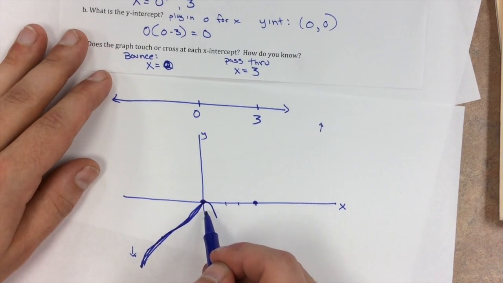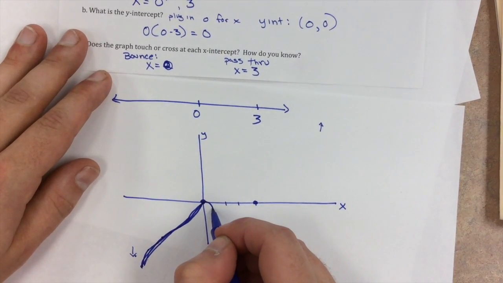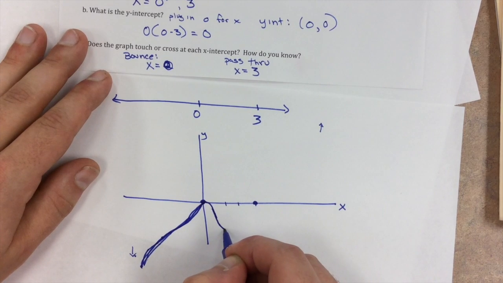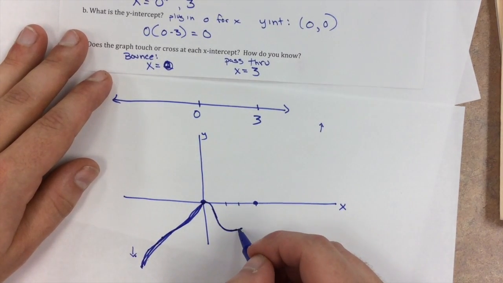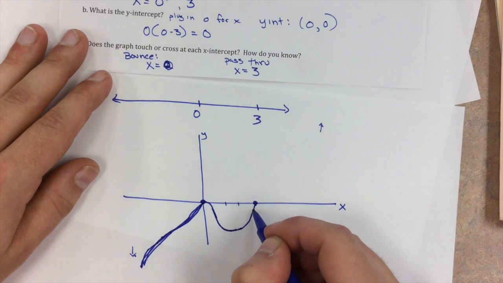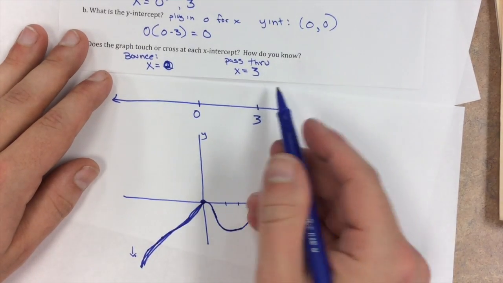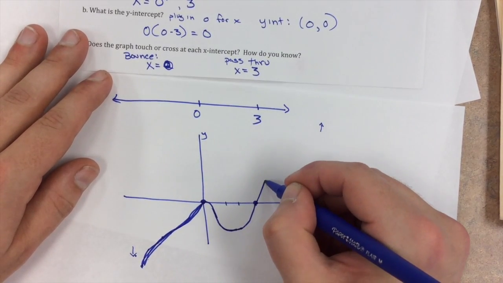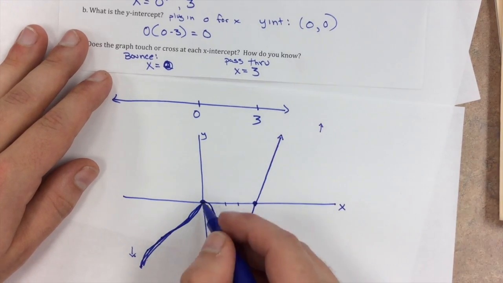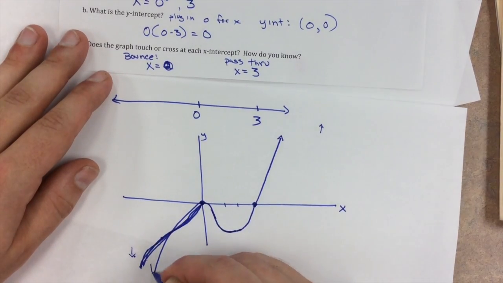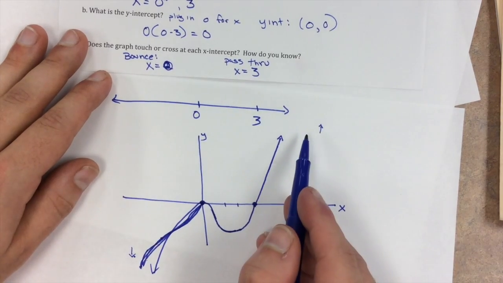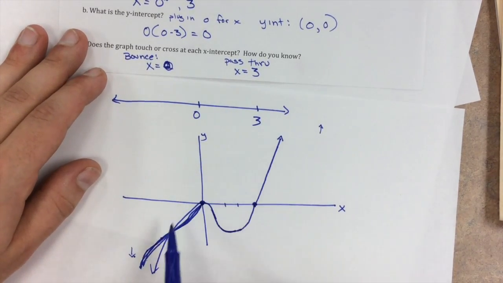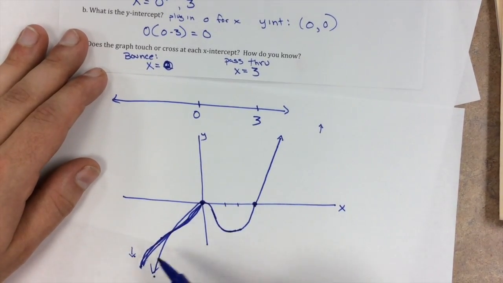Because our graph bounces. It's going to head the other way. At a certain point, it's going to turn. We have to get back to 3. At 3, we know that a graph passes through, so it heads up towards positive infinity.